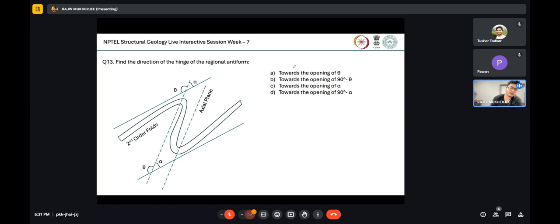This is a second order fold, and this is the axial plane. You should know that this fold is a Z fold, right?